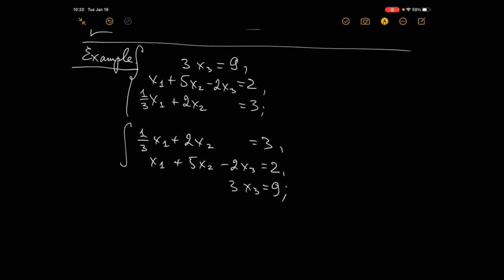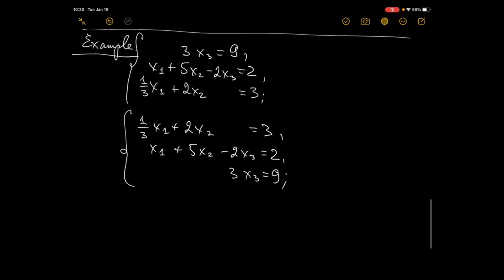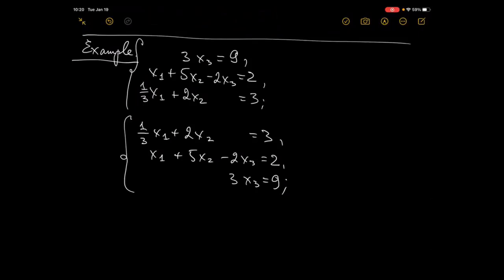I don't understand why the order of the equations matters. Excuse me? I don't really understand why the order you write the equations matters. Really, it doesn't matter, of course. Exactly what I'm trying to say.